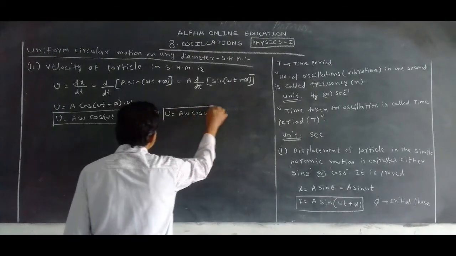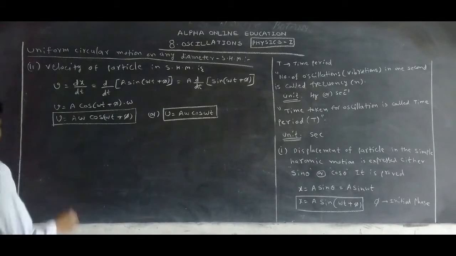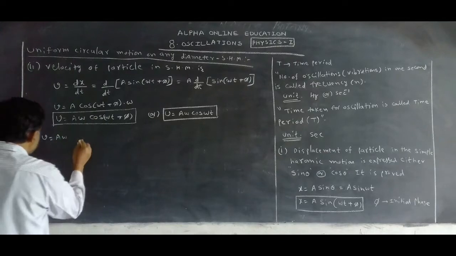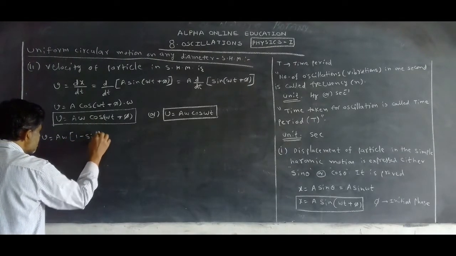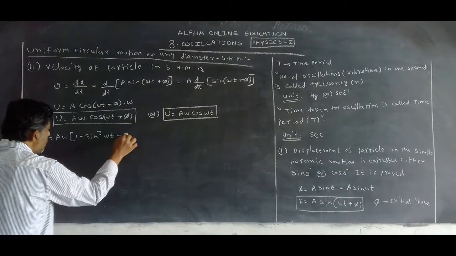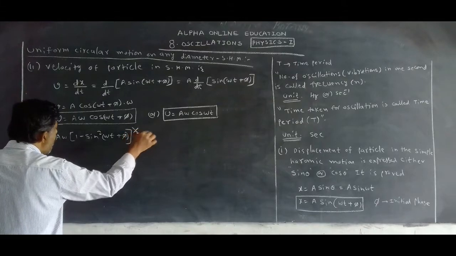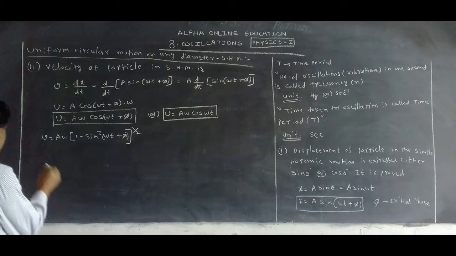This is the velocity of the particle in SHM. Otherwise v is equal to a omega. How can we write cos omega t? It is (1 minus sin square omega t) whole power half, a mathematical expression you have studied in 10th class.